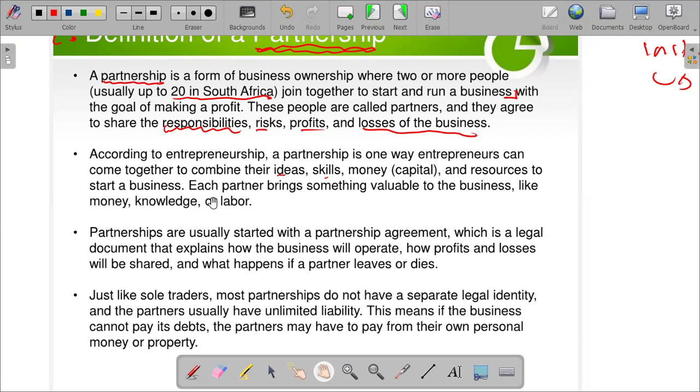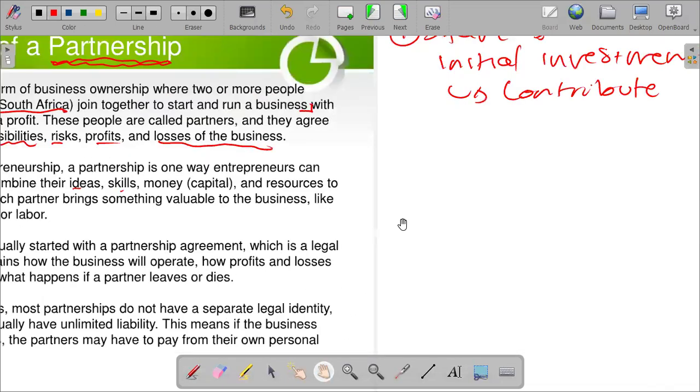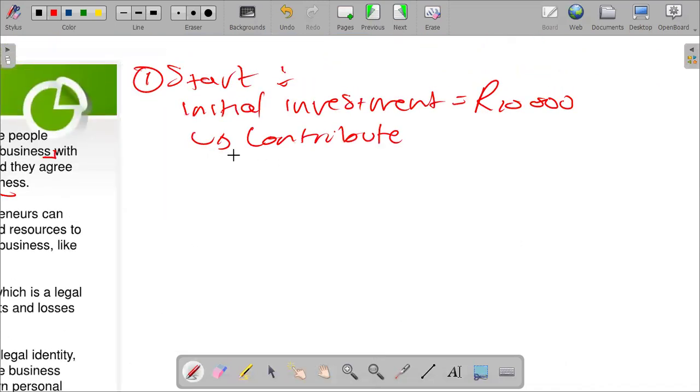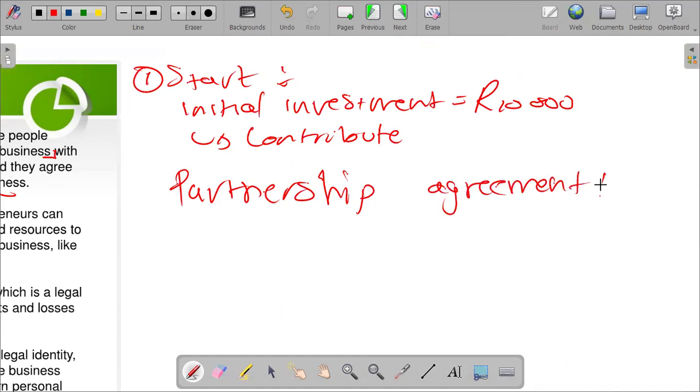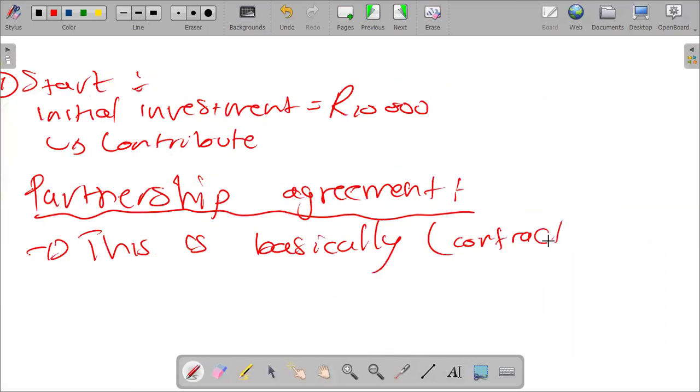Partnerships are usually started with a partnership agreement. Let's say you started it with your friends, but then you have to have what? A partnership agreement. This is basically a contract.